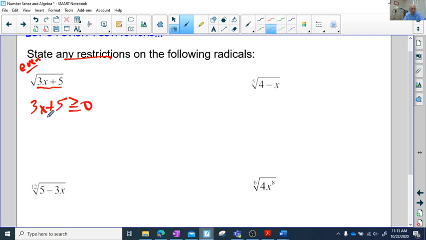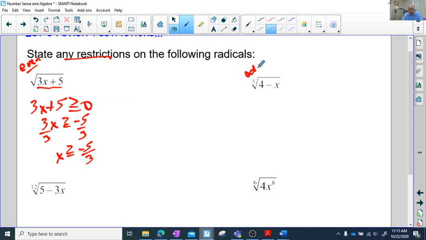It's not allowed to be negative. And now you solve this to see what x values will make that happen. So 3x would have to be greater than or equal to negative 5. Divide by 3, divide by 3. x would have to be bigger than or equal to negative 5/3, or else you would get a negative number underneath there. So that would be what they call the restriction on x in this question.